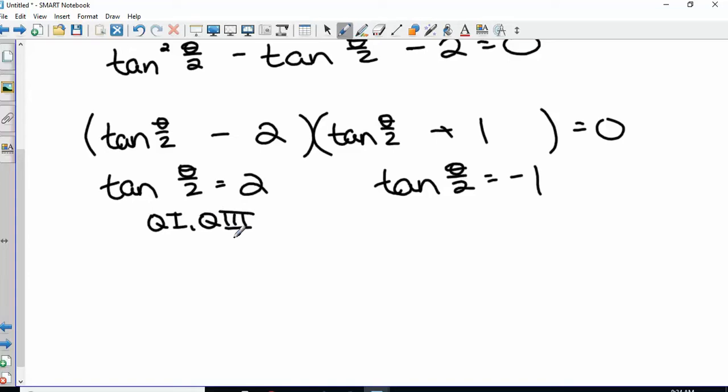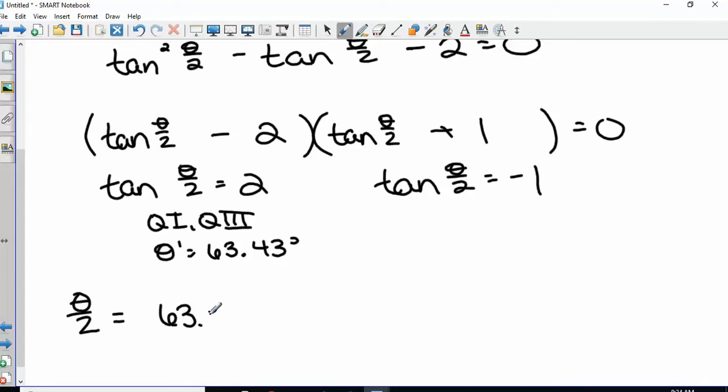When is tangent positive? Reference angle: when is tangent 2? It's not one we know, so we have to go to the calculator. Switch it into degree mode and do tangent inverse of positive 2. So we get 63.43 degrees.